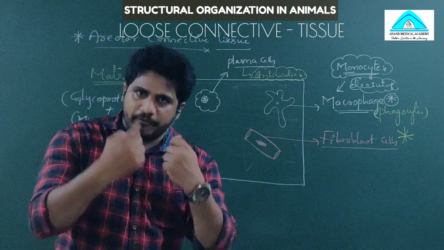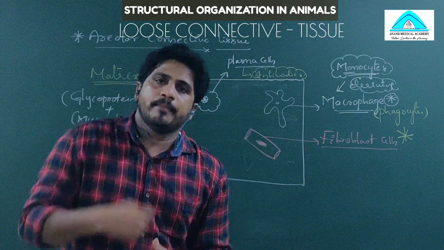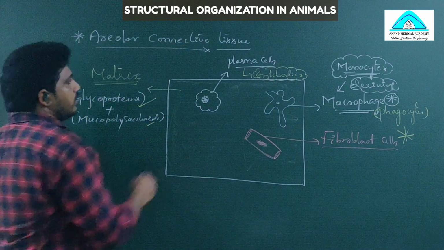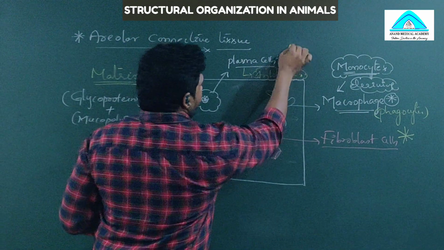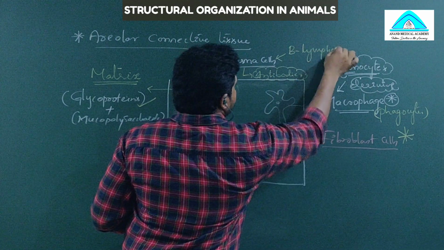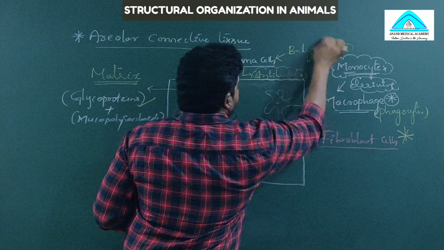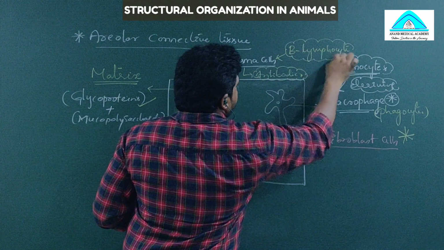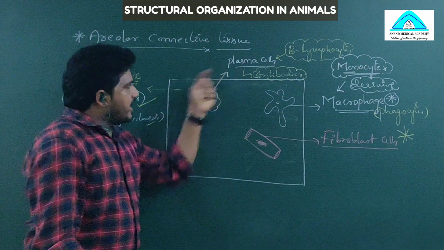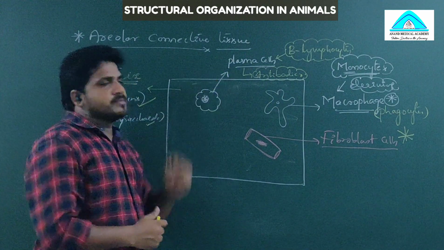They are prepared by our body against the pathogen which enters to infect our body. These plasma cells are derived from B lymphocytes. Lymphocytes are a type of white blood cells. From that B type of lymphocytes, plasma cells are derived.